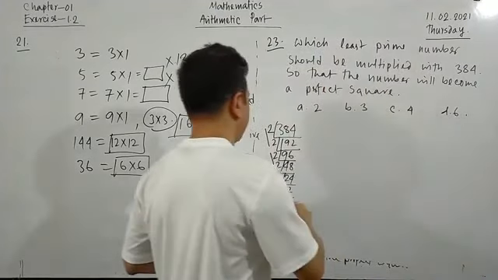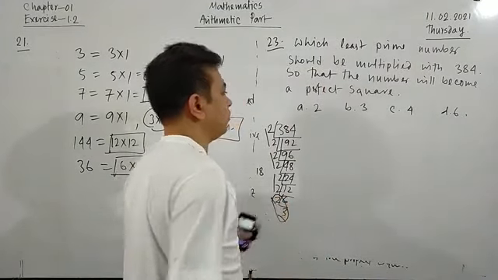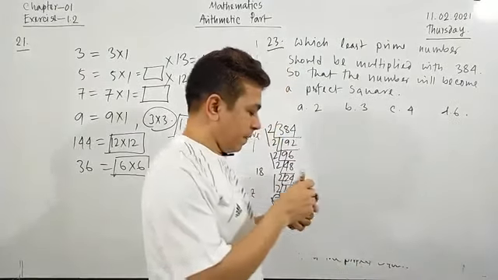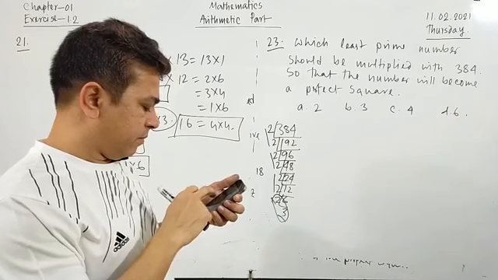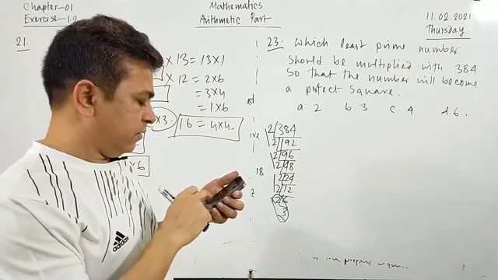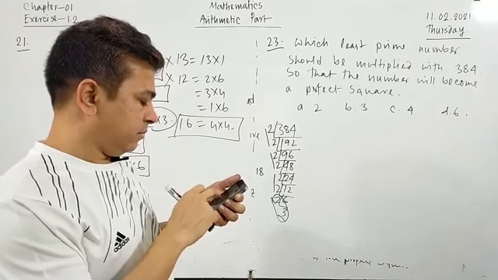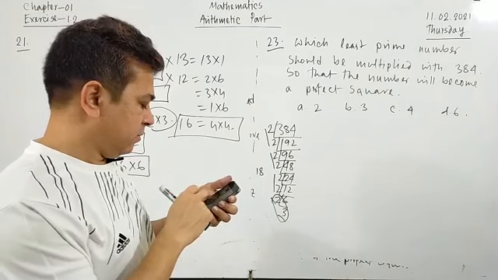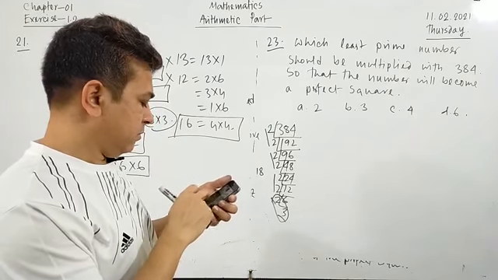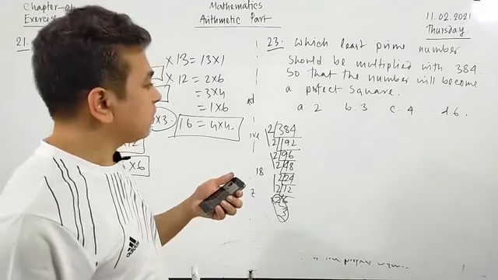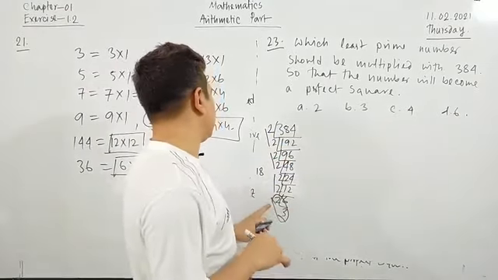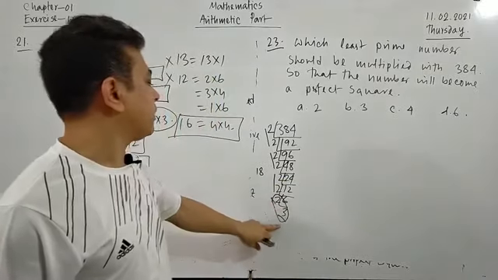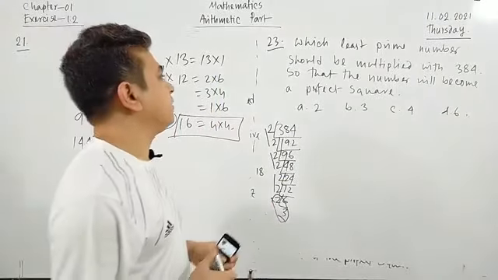Okay, so answer is 6 here. Not C, it should be D. This number is 6. So 2 and 3 are unpaired, so we have to multiply it by 6.